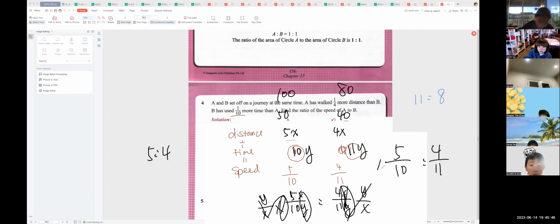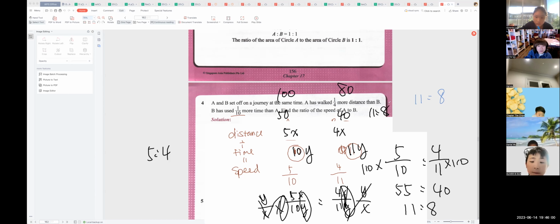So now I'm going to times 110 both left side and the right side equals 55 to 40. That's why it's 11 to 8. So that is the speed ratio of 11 to 8. Understand, everybody? Okay, so that is the answer.